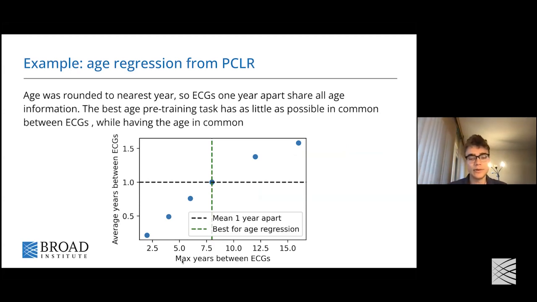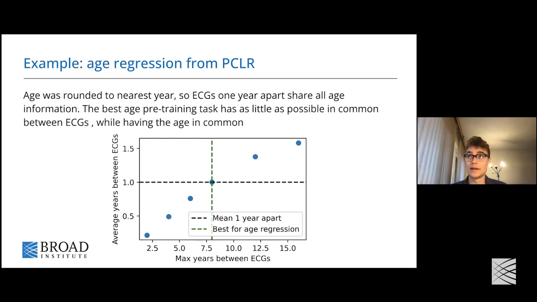And then if we look at this plot here, we plotted the maximum number of years between the ECGs on the x-axis, and then the average number of years between the ECGs on the y-axis. So in the 8 years apart maximum, there are a bunch of ECGs that are actually paired closer together in the training data set.